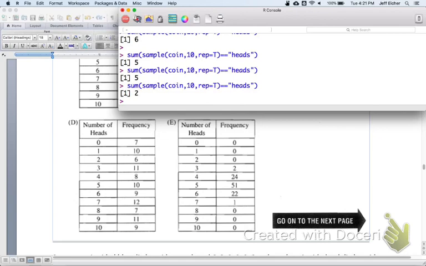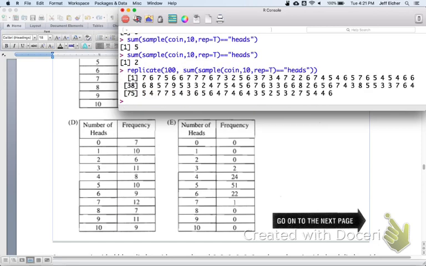in 100. So, not that you can really program things on the AP exam, but just to better explain what's going on. Here are the results of flipping a coin 10 times, recording the number of heads, and writing the number down. So here are the numbers.